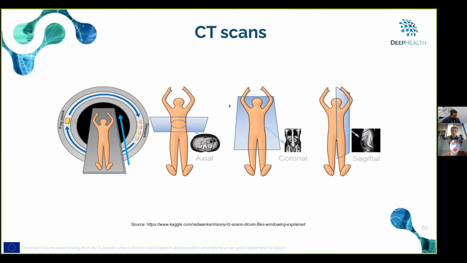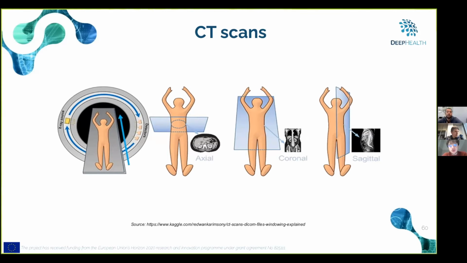As Marco mentioned before, this is an example of how the inputs are made. We use the CT scan, which typically uses X-rays to generate images. The rays pass through the tissues, and typically the denser the tissue, the more X-rays it absorbs.